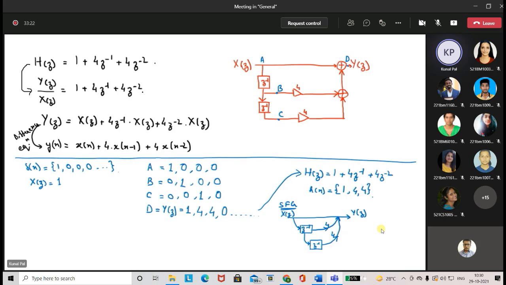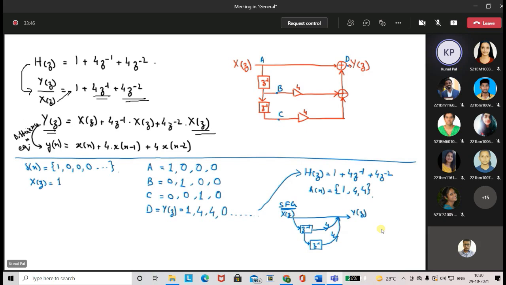If you break up this equation, we get Y(z) equals X(z) plus 4z inverse X(z) plus 4z to the power minus 2 X(z).